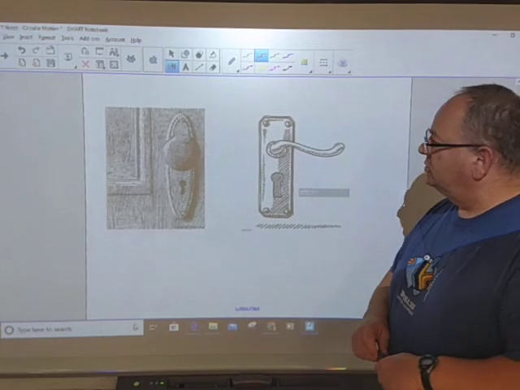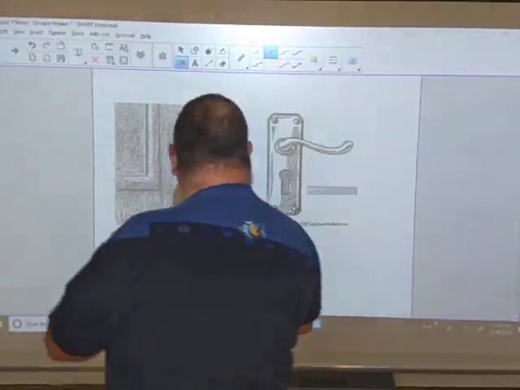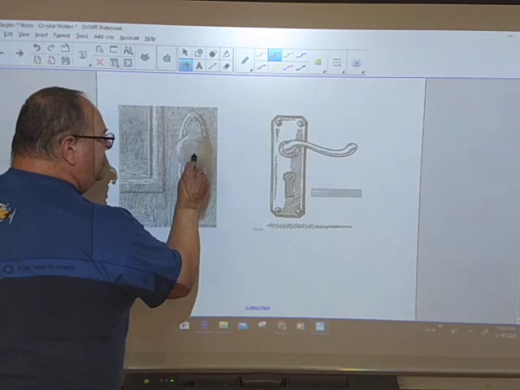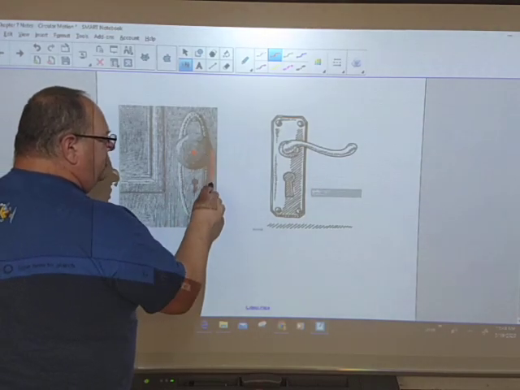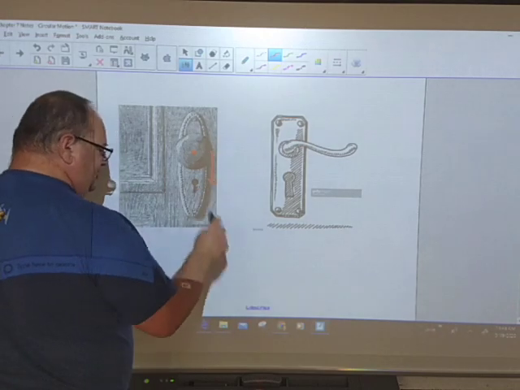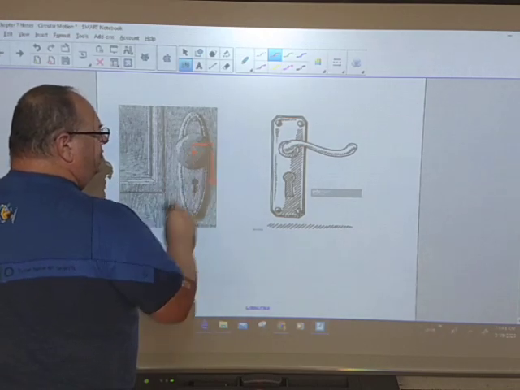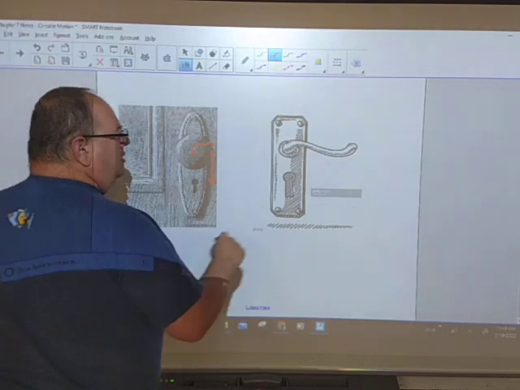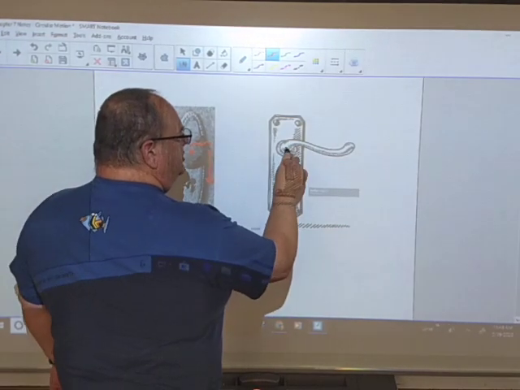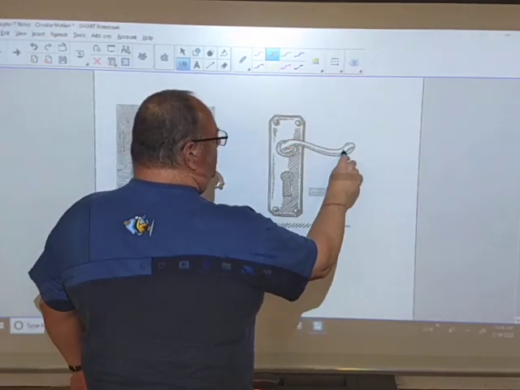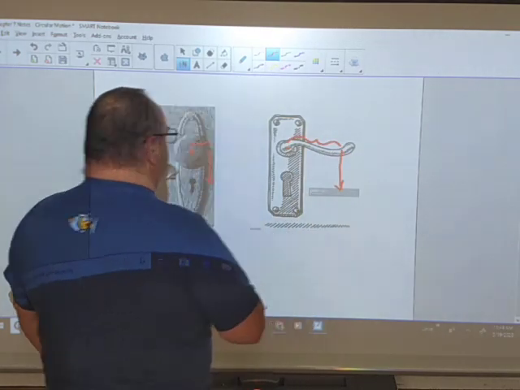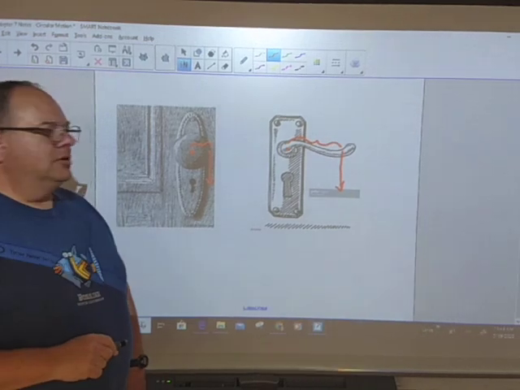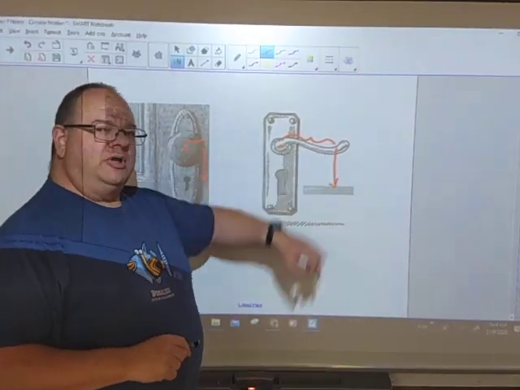Here's a couple doorknobs. Think about the doorknobs. All right, so it turns on some point in there, and I would apply my force at some distance from the center, right? Well, this doorknob has a center, and I could apply my force out here. You see how we got more distance? Plus, it's easier to grab hold of that.